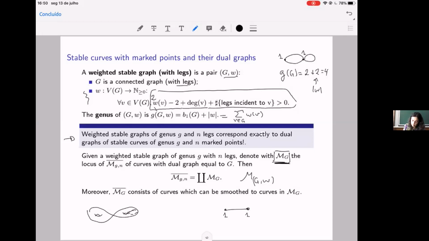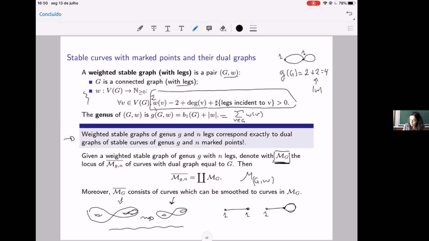And if we consider the degeneration where we shrink this loop, we're going to end up like this. What we see is that in the dual graph, we replace this one with a loop. This is a degeneration that happens in the moduli space of curves, and so this curve should be in the closure of the stratum where this curve lives.